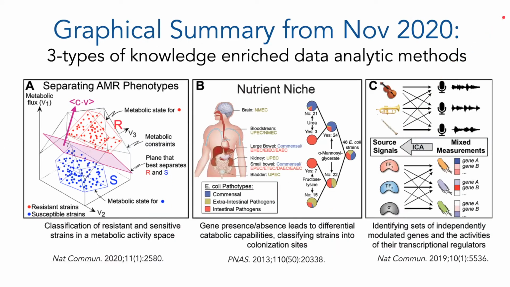So this was our graphical summary or abstract of the talk from last November, where we went over 3 of these data analytic methods. So one of them shown here on the far right was to use binary phenotypes, resistant and sensitive phenotypes of pathogens, build metabolic models for them, use support vector machines to separate these the best we can based on variables that related to the activity state of certain alleles.